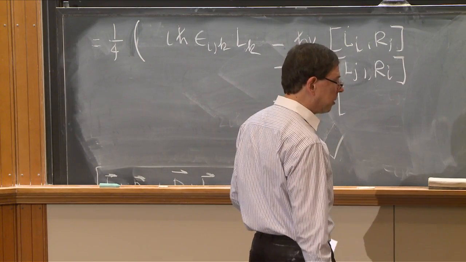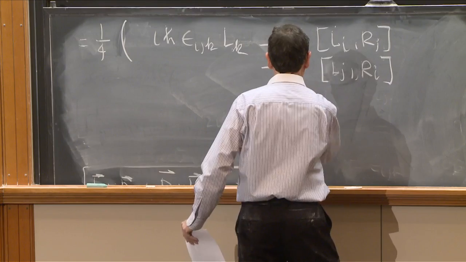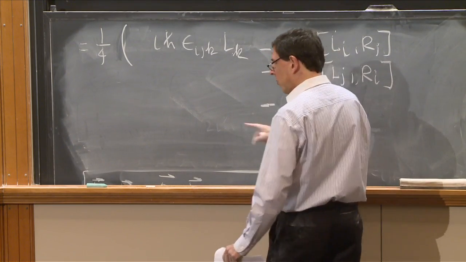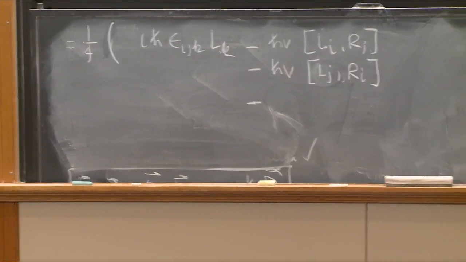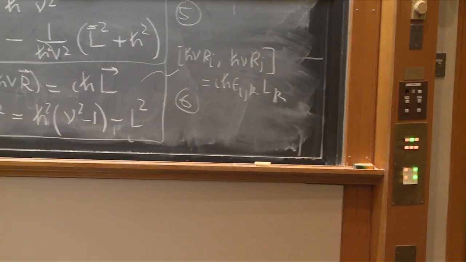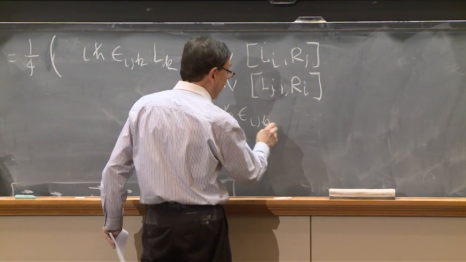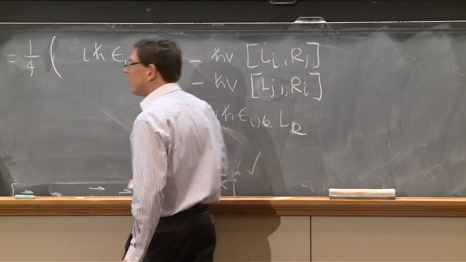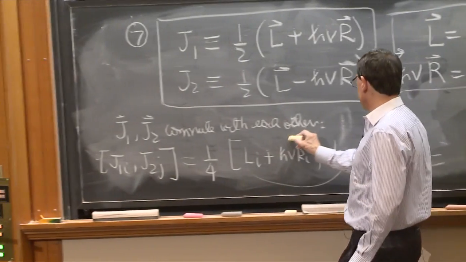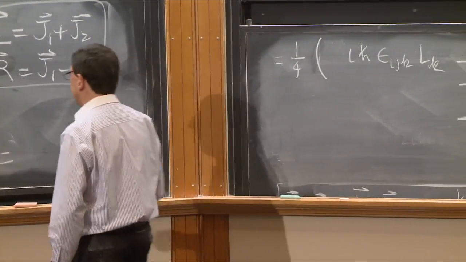No, I'll do it this way. I'm sorry. You have minus over there, and I have this thing. So it's minus i H bar epsilon ijk Lk from the last two commutators. So this one, you use essentially equation 6.